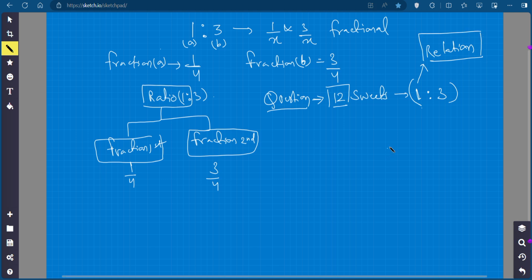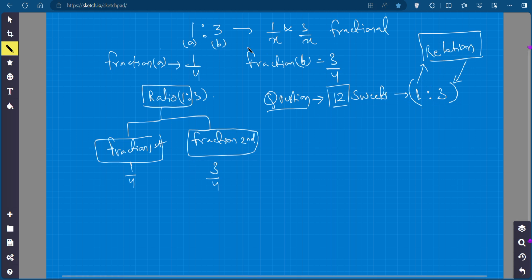So your parents tell you to make sure there is a relation between your laddus and your sibling's laddus, and that relation should satisfy 1 colon 3. It means whatever you take, your sibling should have 3 times yours. Now this is what we are trying to achieve, so let's solve this problem.